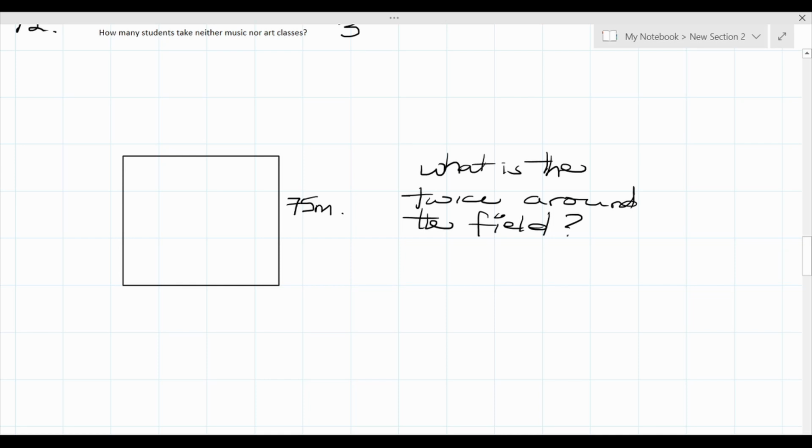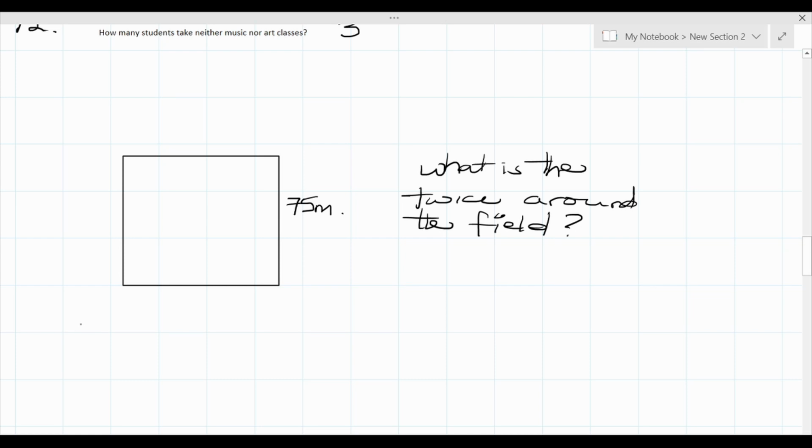All right, so square, what do we know about a square? We know that all sides are equal. So if this is one side and he's supposed to walk around the field twice, out of those answers, automatically I know that the last one cannot make any sense because he could not walk around the entire field and only walk 75 meters when that would in fact be one side of the field.